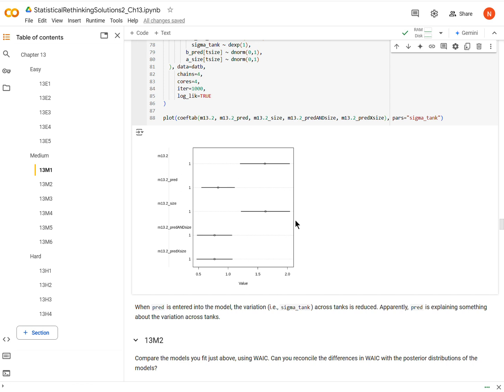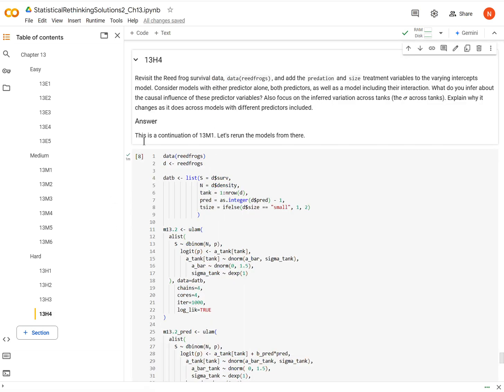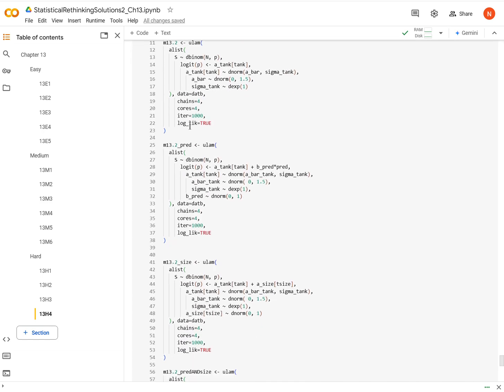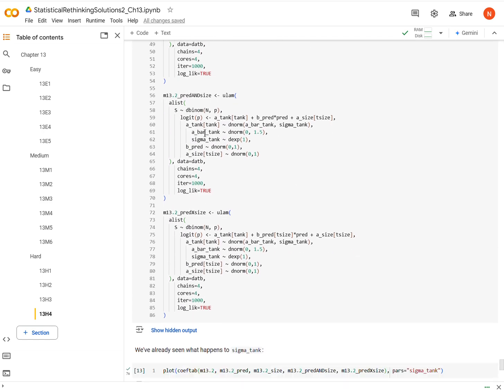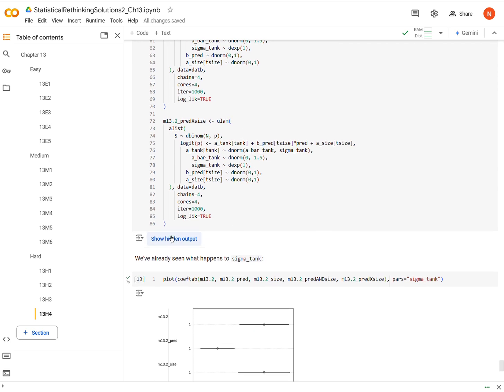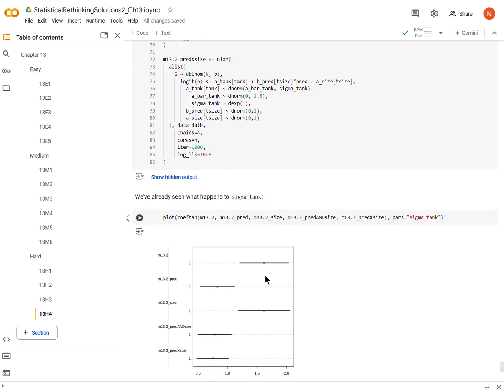Okay, so now in 13H4, we continue that by asking, does it bear out that predation has some causally explanatory role here? All I've done is completely copy the code we just looked at, and I've run all of the models already, and I've reproduced the plot where we're plotting sigma tank across each of the models.